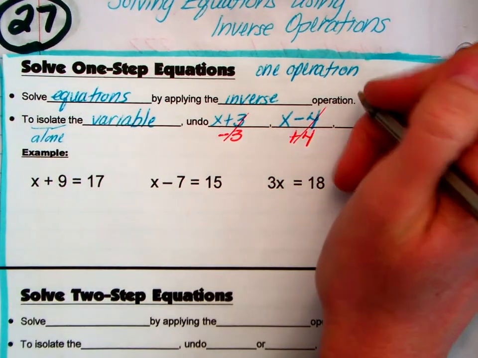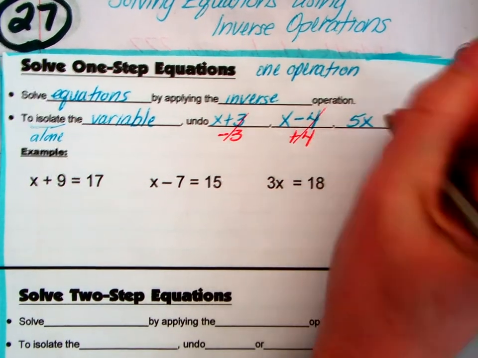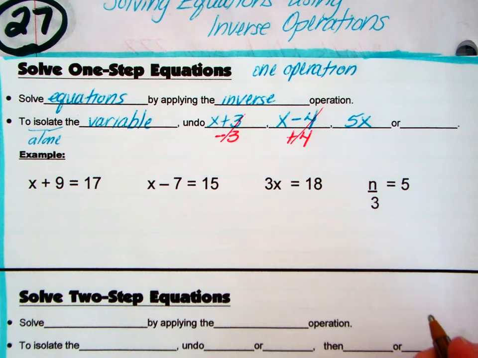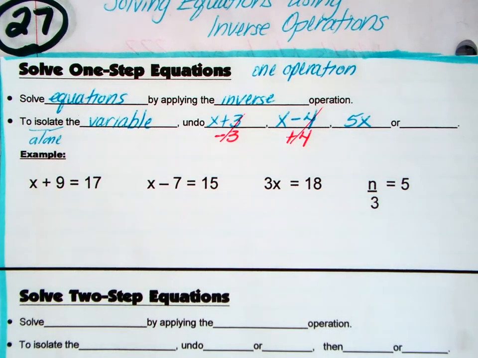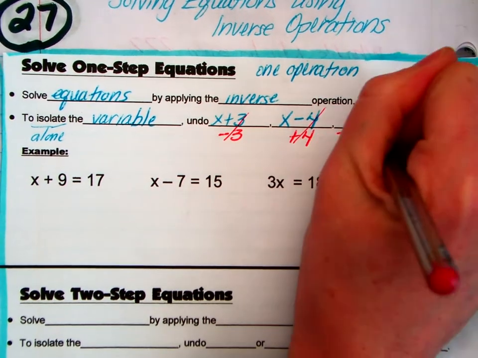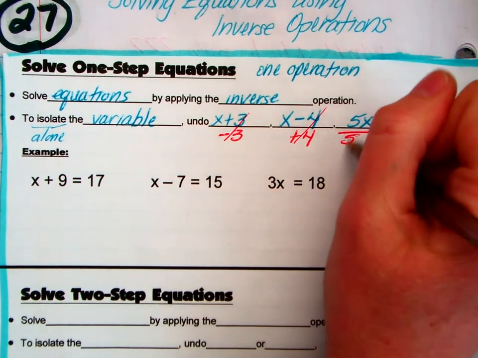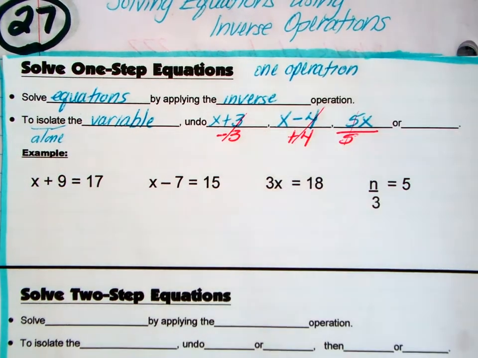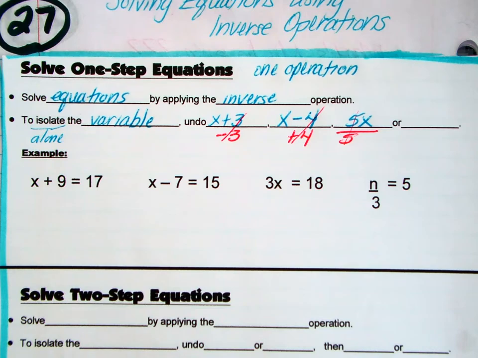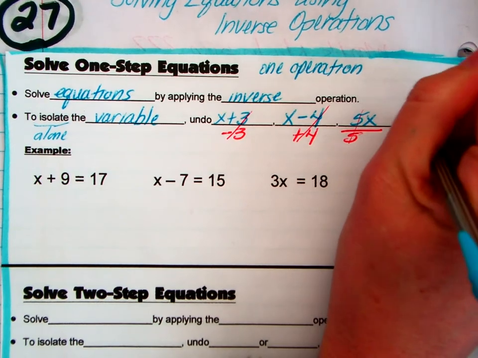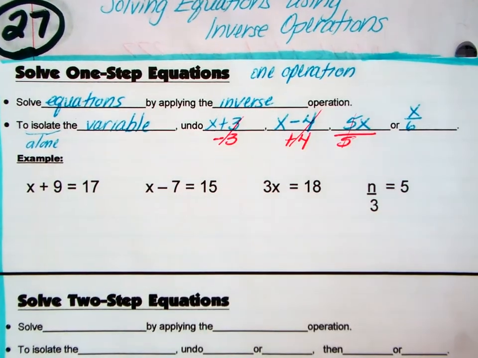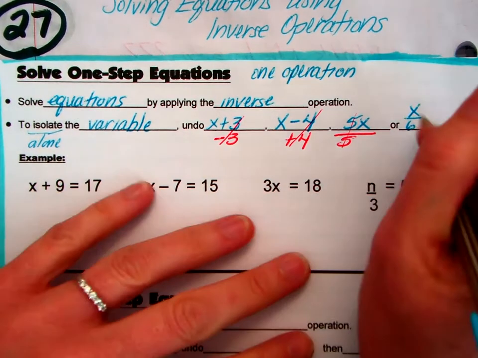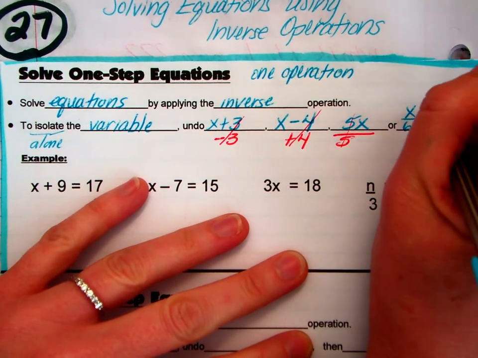Let's say I had x multiplied by 5, 5x. To get x to live by itself, I would have to divide by 5. 5 over 5 is 1, so I'm down to just 1x, which is just x. Lastly, I might have x divided by 6. The opposite of dividing is multiplying, so I'd have to multiply by 6.